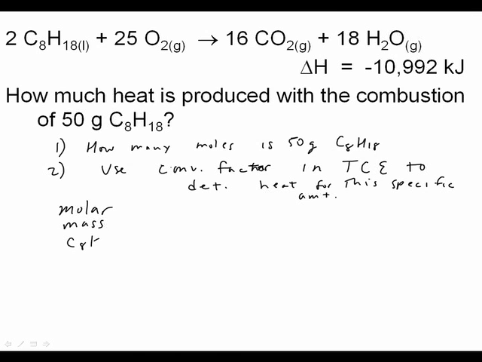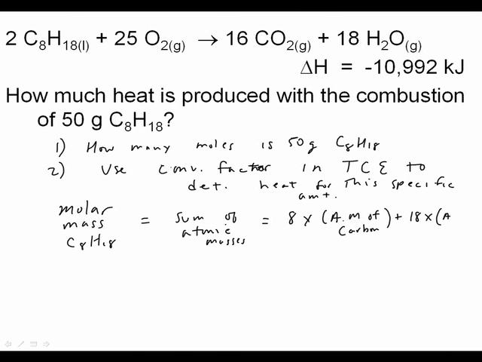And that simply equals the sum of the atomic masses, right? So written out, that would be 8 times the atomic mass of carbon plus 18 times the atomic mass, or atomic weight, sometimes you'll see it written as, of hydrogen.